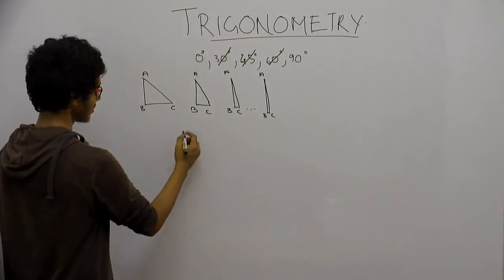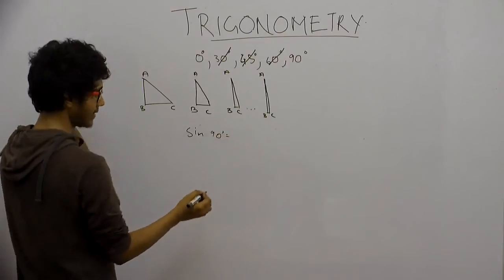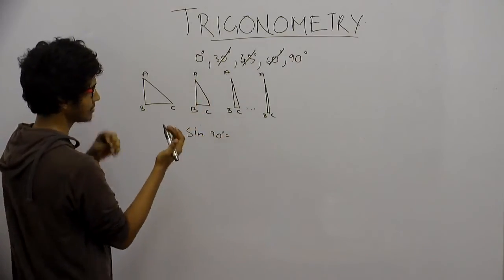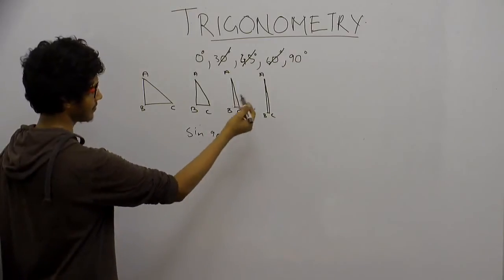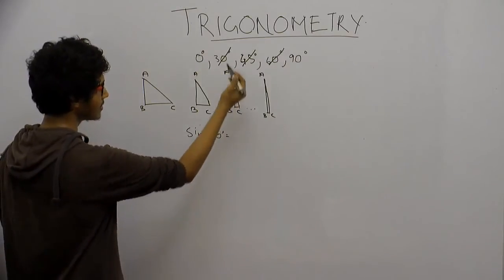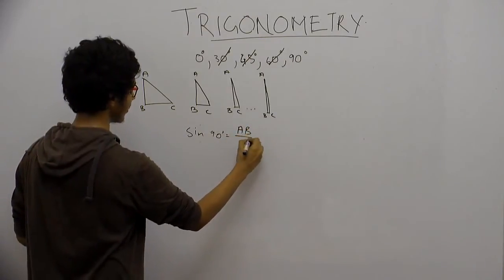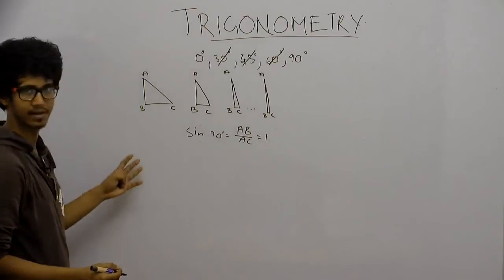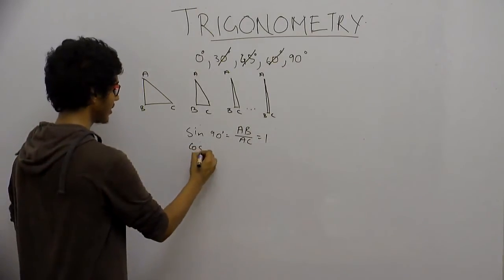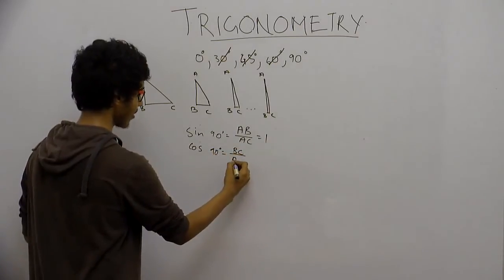So again we go sine 90 degree. Now sine is AB by AC. Since BC is negligible, C is 90 degrees, so AB and AC almost coincide. So AB by AC, since AB equals AC, sine 90 degree will be 1. Similarly, cos 90 degree will be BC upon AC.